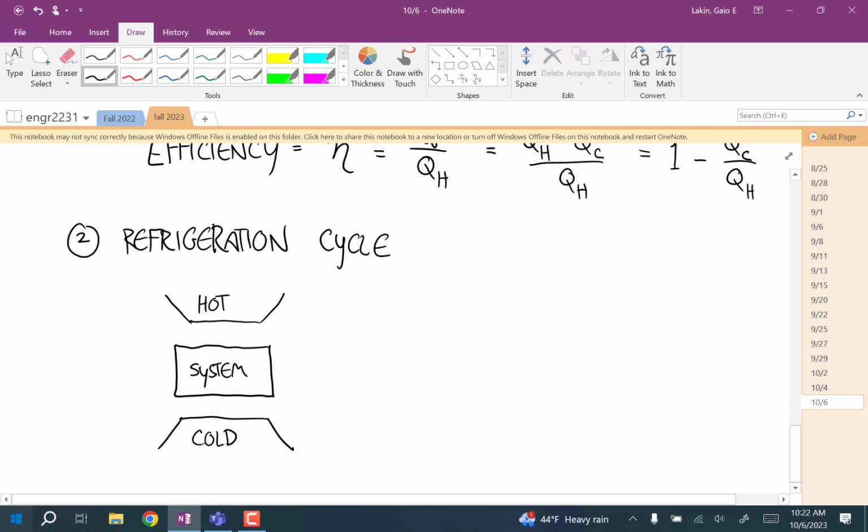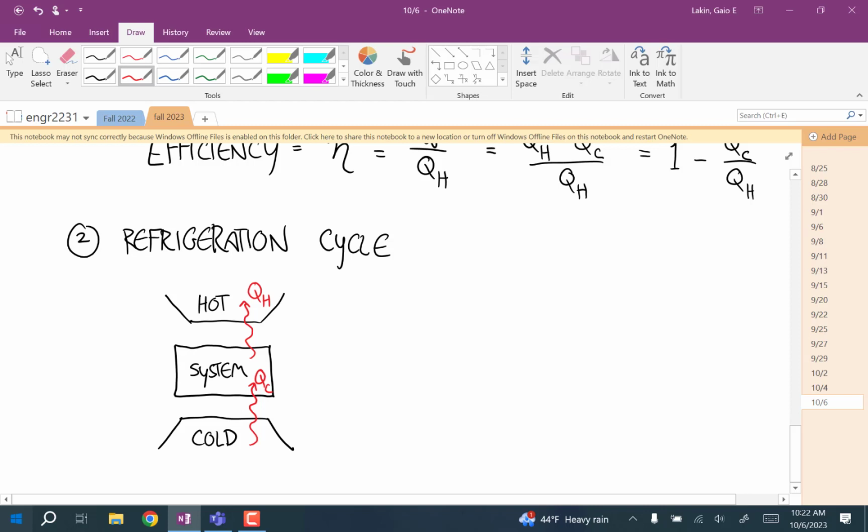This time the direction of everything is reversed. So what you're trying to do in a refrigeration cycle is get heat to go from the cold reservoir to the system. So QC is positive this way. You're trying to eject that energy at the hot reservoir. So QH is positive when it's leaving.